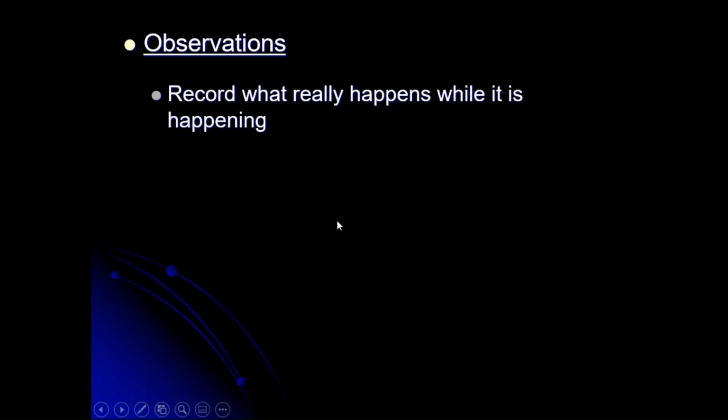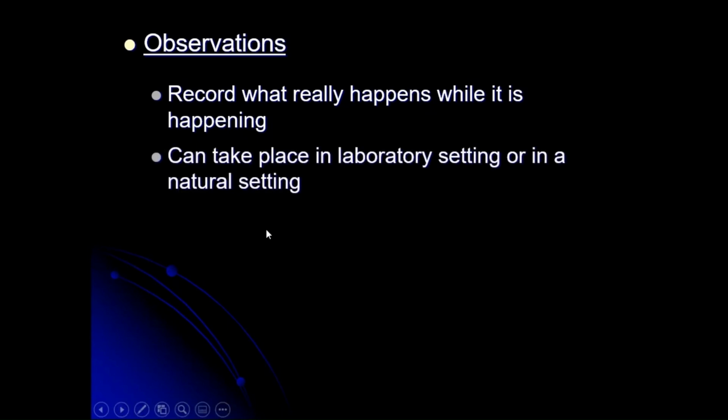As we discussed, observation again is a method of collecting primary data. Observation means where you record what really happens while it is happening. This can take place in a laboratory setting or in a natural setting.